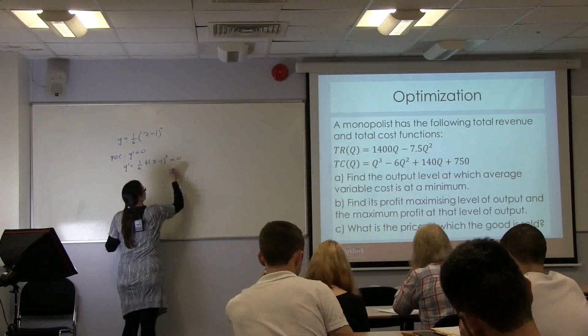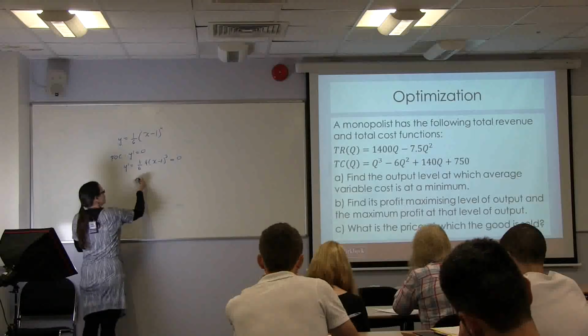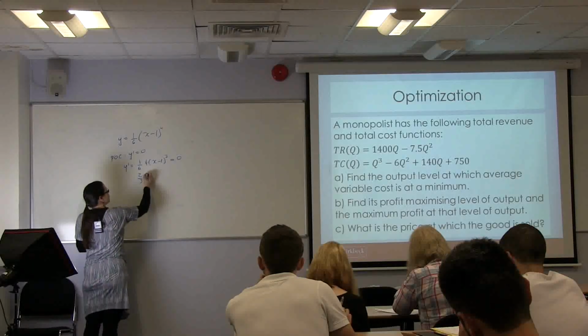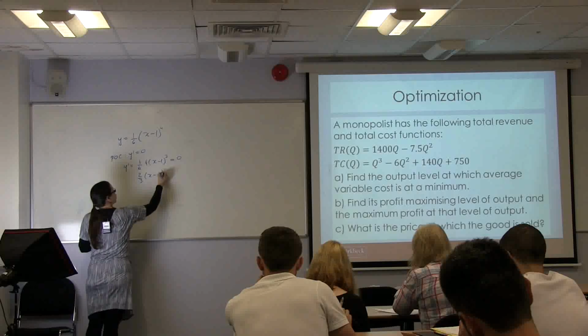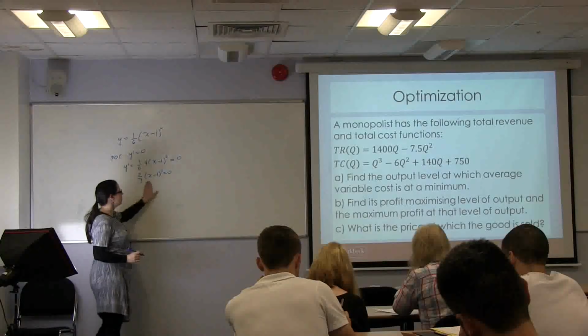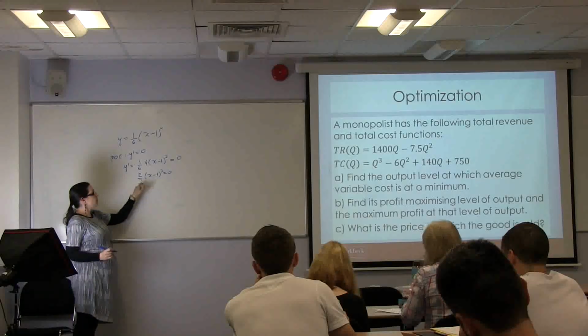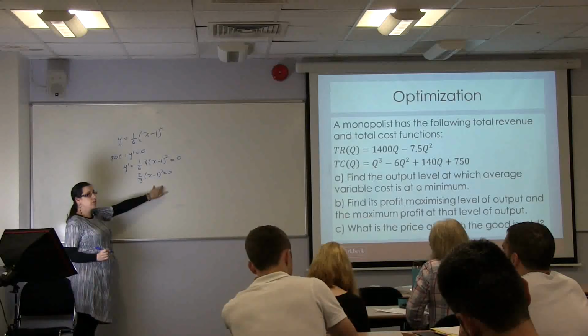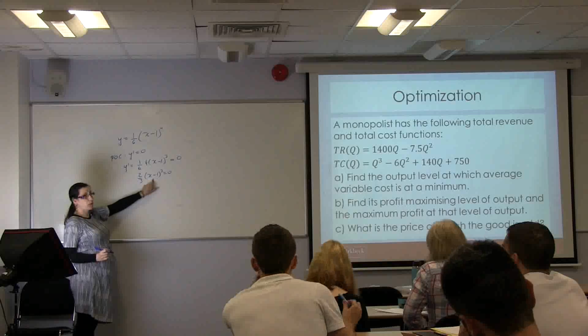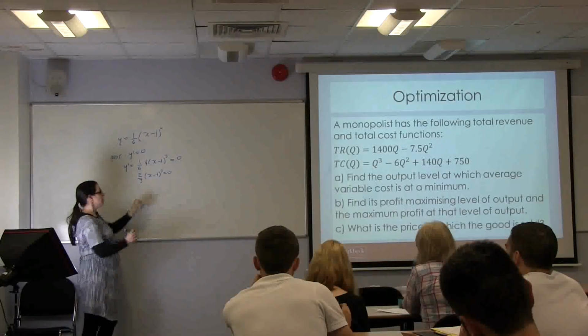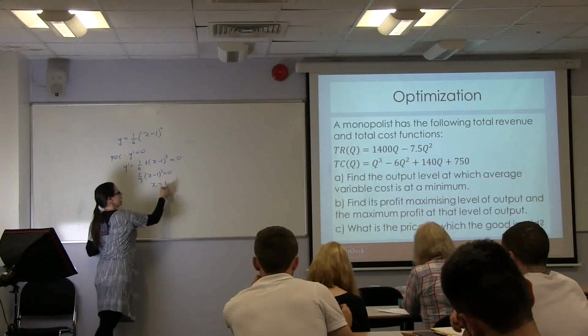And that has to be equal to 0. So that is 2/3 times (x minus 1) cubed equals 0. Now, this is only going to be 0 if x minus 1 is equal to 0. So x has to be equal to 1.